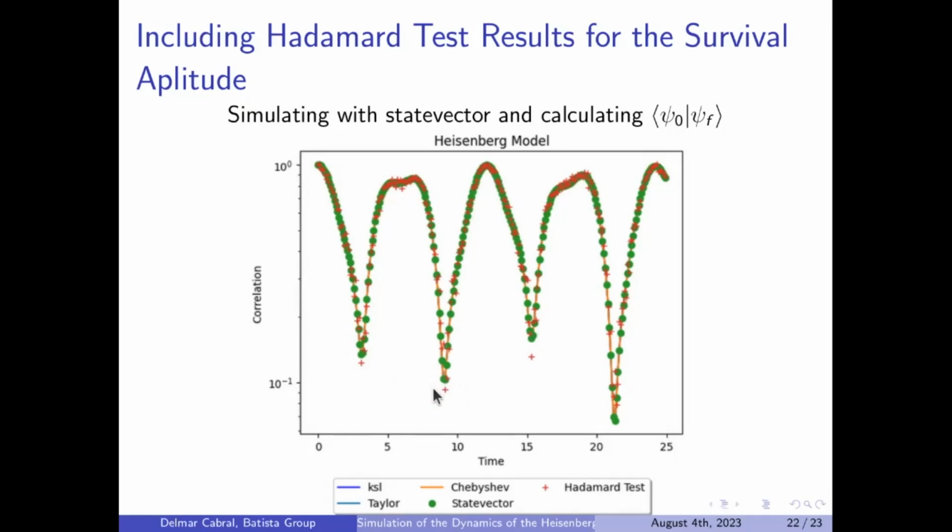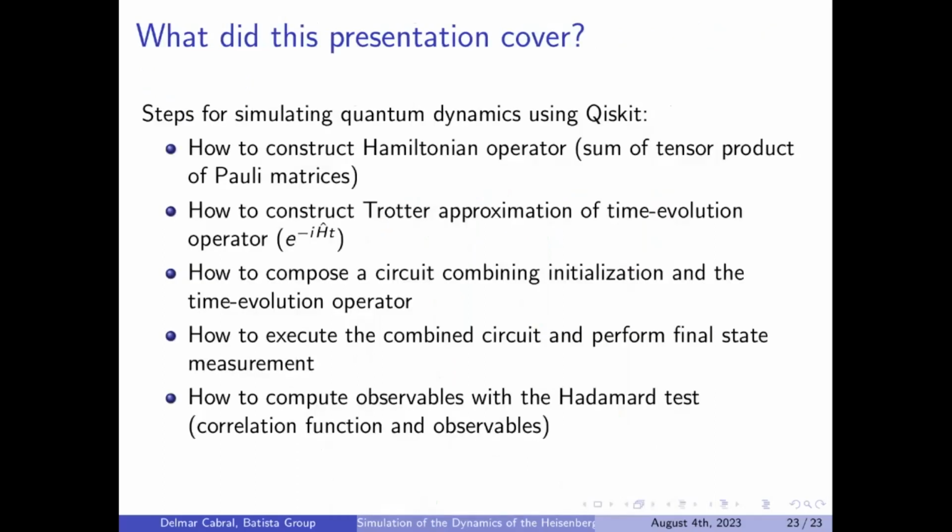This is due to the number of times that the circuit was executed, and if you run this 1,000 times, 10,000 times, you can obtain much better statistics for each value of our observable at any given time. So this is how you can perform the simulation with both the state vector and Hadamard test approaches.